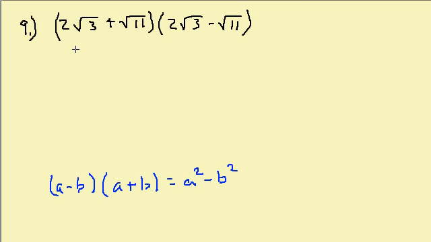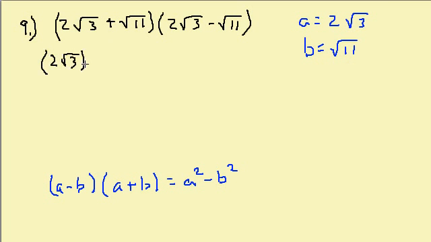So in this problem, a is equal to 2 square root of 3 and b is equal to square root of 11. So this is a squared minus b squared. So this is 2 square root of 3 squared minus square root of 11 squared.